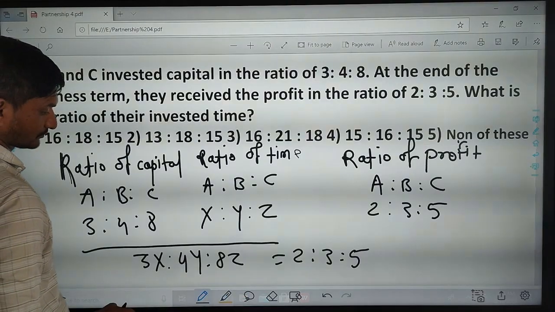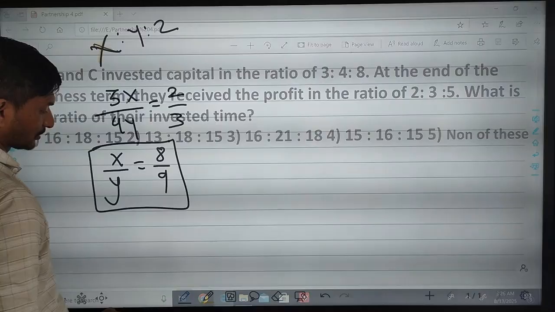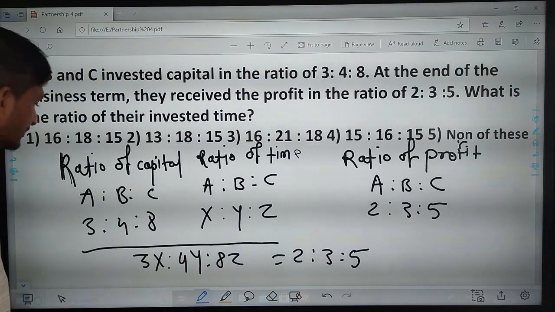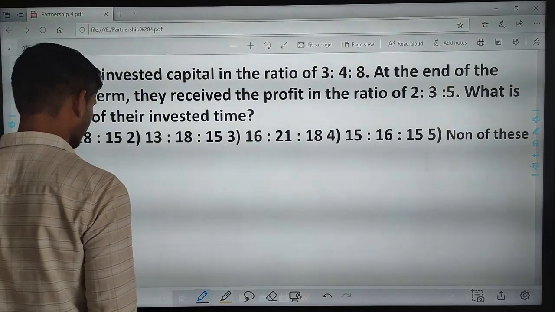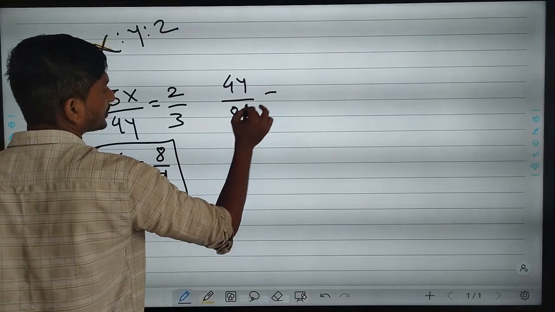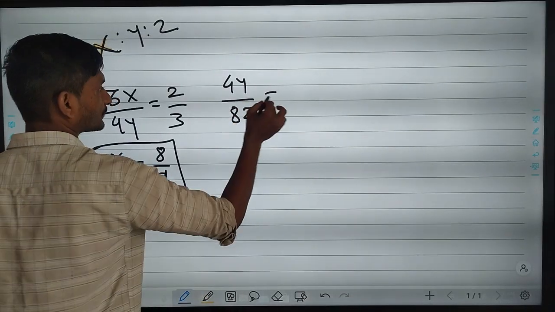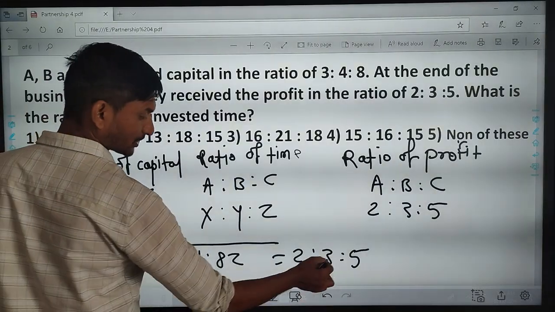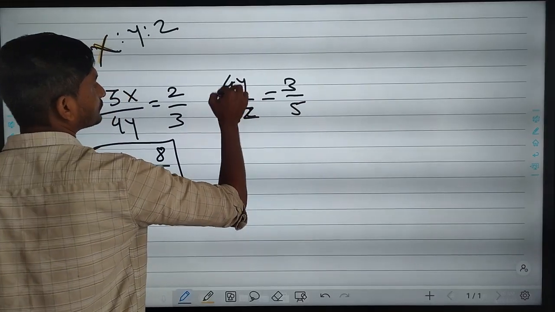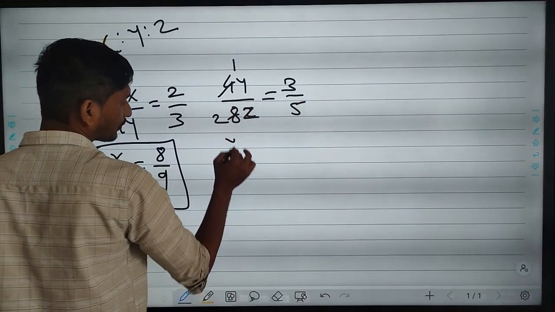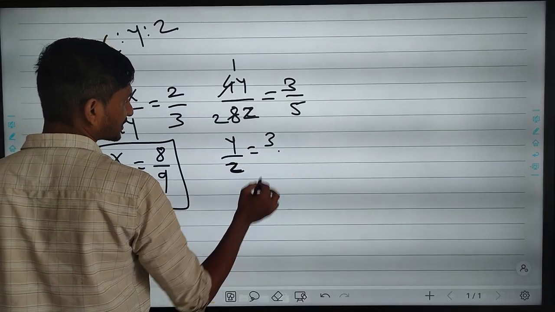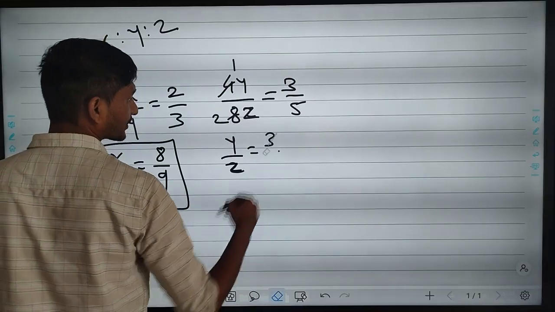Then 4y upon 8z is equal to 3 as to 5. Now here y as to z is equal to 6 as to 5, where 2 is multiplied to 3 and 5.